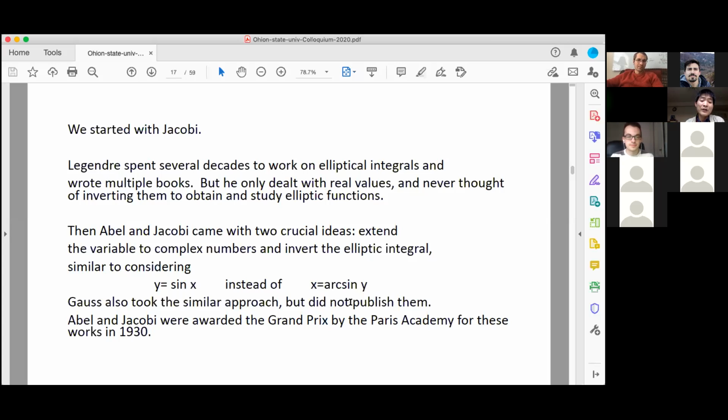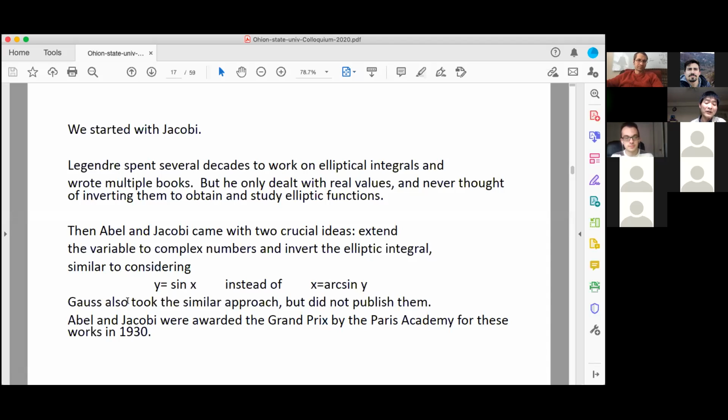Then Abel and Jacobi came with 2 crucial ideas: extend the variable to complex numbers and invert the elliptic integral, similar to considering y as sine x instead of studying x as arcsine, because arcsine is much harder to study. That was the point of view of Abel and Jacobi.